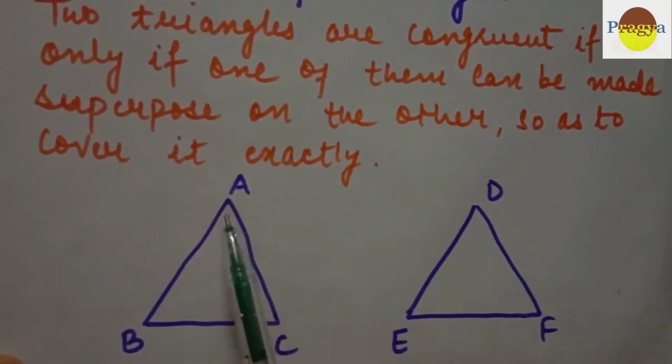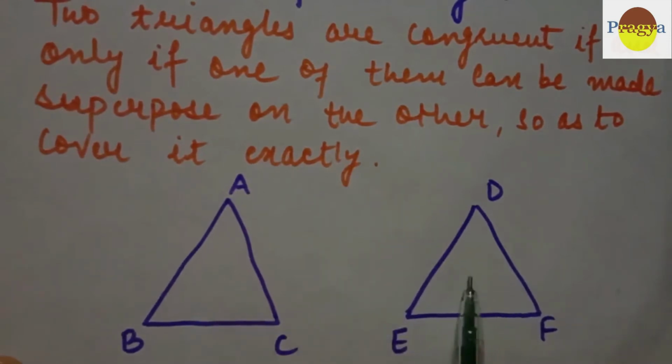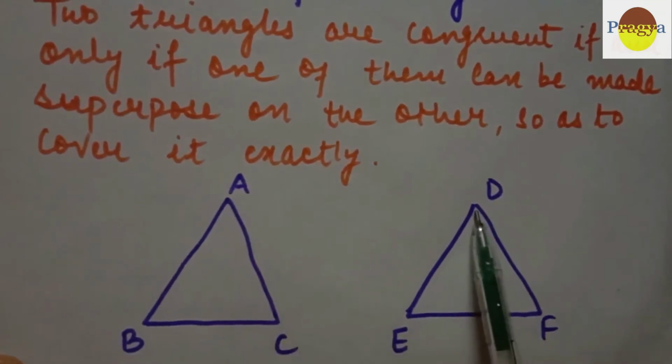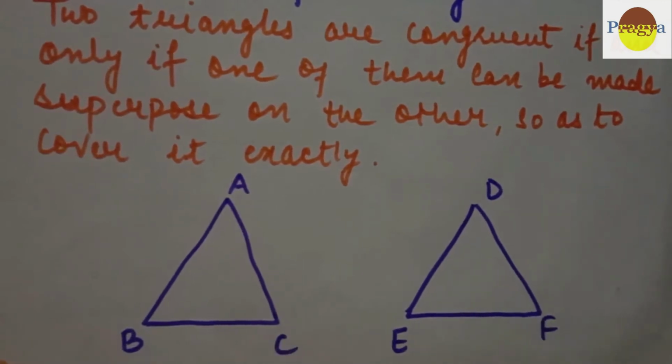If I put triangle ABC on triangle DEF, then vertex A is placed here, B should be here and C should be here. If all these three vertices A, B, C exactly cover the vertices D, E, F, then they are superposed on each other and cover each other exactly. It means they are congruent to each other.